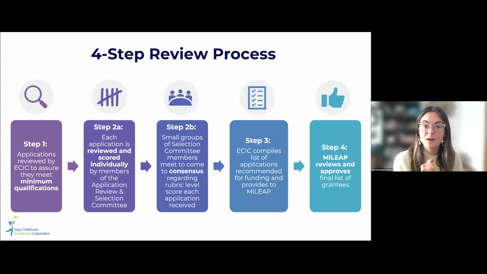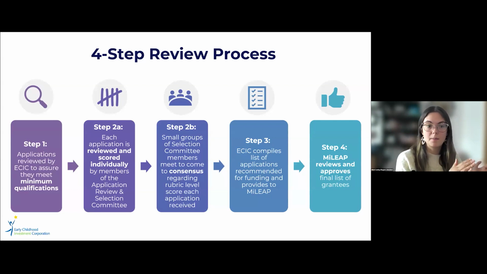We're looking for every narrative question has a response that has been submitted associated with the question that is relevant and not just something like test or placeholder text. So it's very high level review. It helps us understand if you might need to be reached out to request some more information. So that's first, minimum qualifications review.